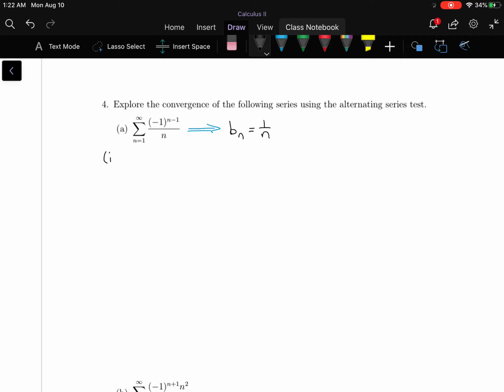The first condition is demonstrating that b_(n+1) is decreasing. So we've got 1 over n plus 1 is less than 1 over n. So b_(n+1) is less than b_n, which means that your next term is less than your current term, and so this does imply decreasing.